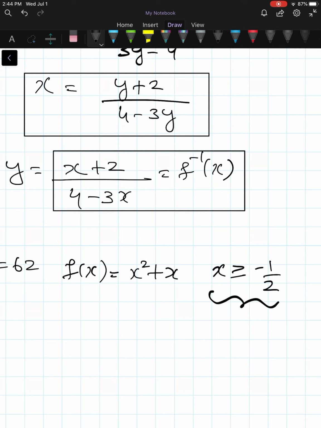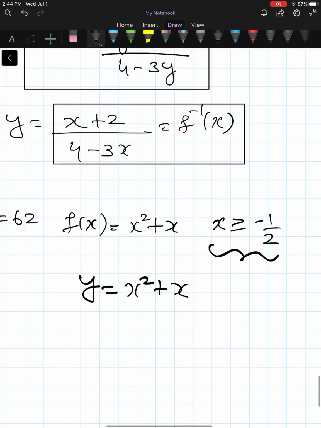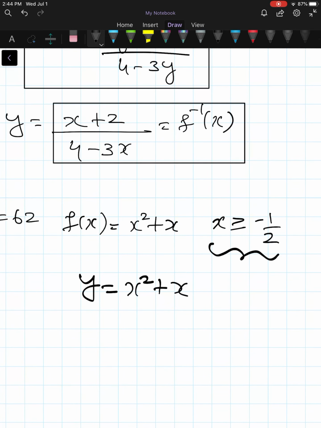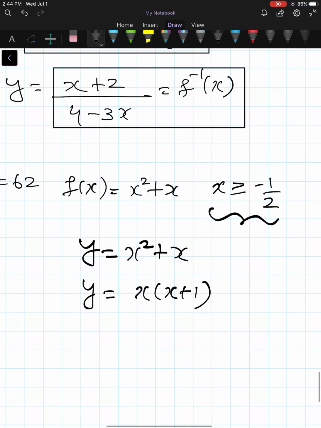Now coming to the steps, what is the first step? We replace y is equal to f of x. So write the equation as such: y is equal to x square plus x. Then what do we do? We solve for x. So y is equal to x times x plus 1. So that implies, okay, how do we solve this?